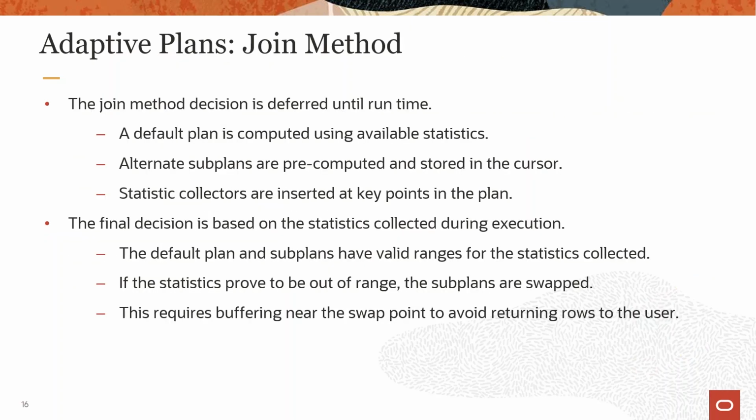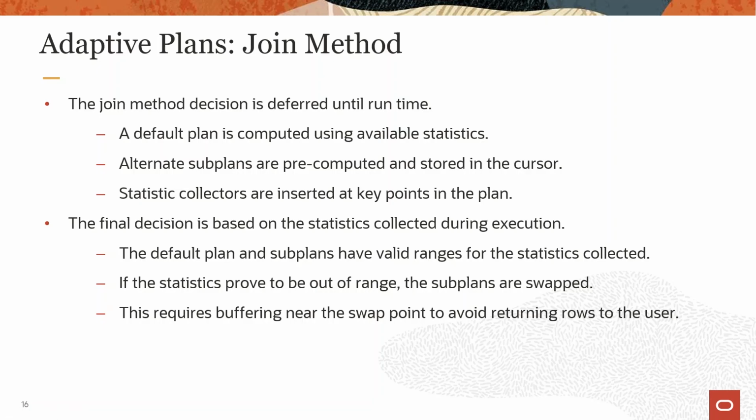Now, what can be adjusted at runtime? That is the join method. The method to be used to join is deferred until runtime. Whenever you execute a statement with a join, the optimizer will come up, as always, with a default plan using the available optimizer statistics.